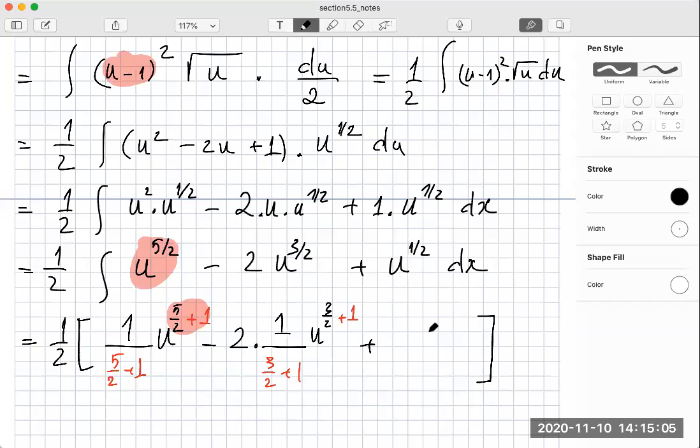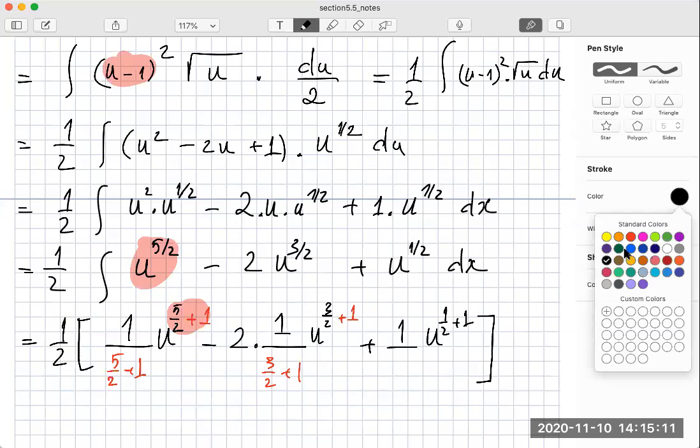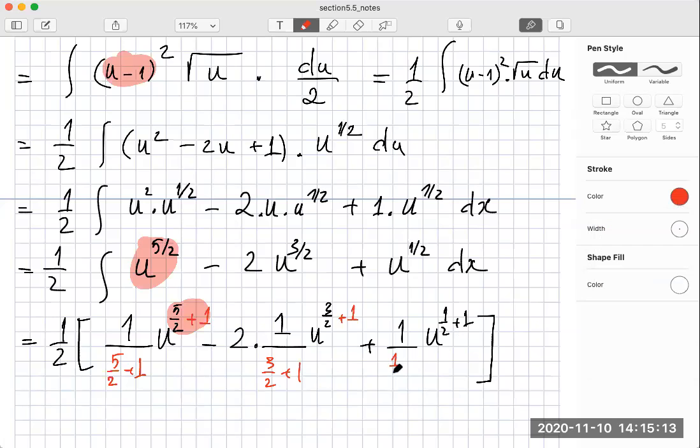The same story is u to the 1/2 plus 1 here, 1 divided by 1/2 plus 1. Okay. And what else?